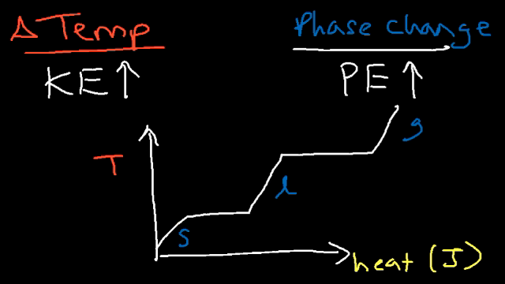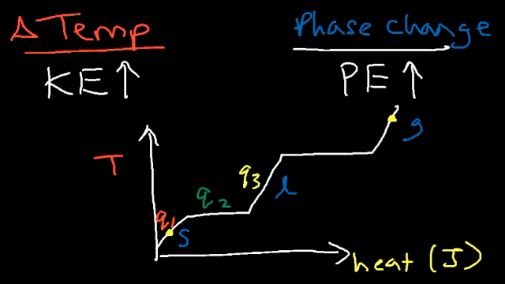Now let's say you have ice at negative 20 degrees Celsius and you wish to heat it to steam at 250 degrees Celsius. You're going to need 5 Qs to get the answer. Q1 is going to represent the heat required to raise the temperature of ice from negative 20 to the freezing point of 0, or the melting point. Q2 is the energy to melt the ice into liquid water.